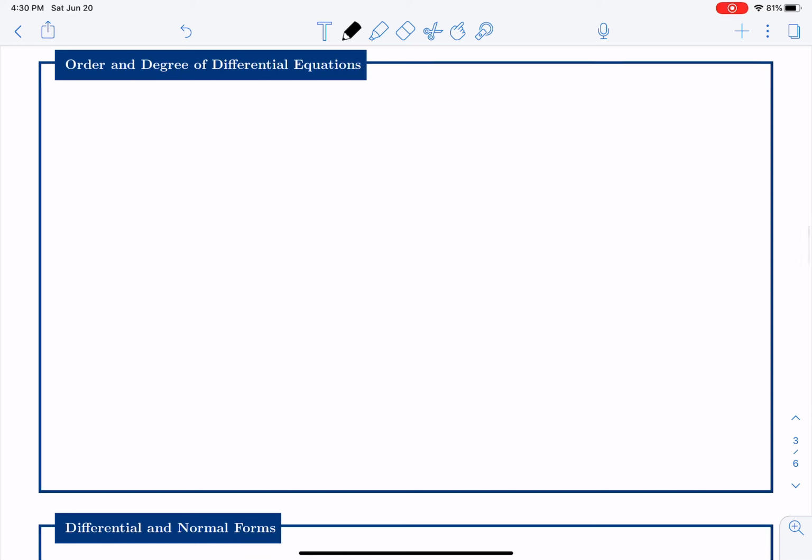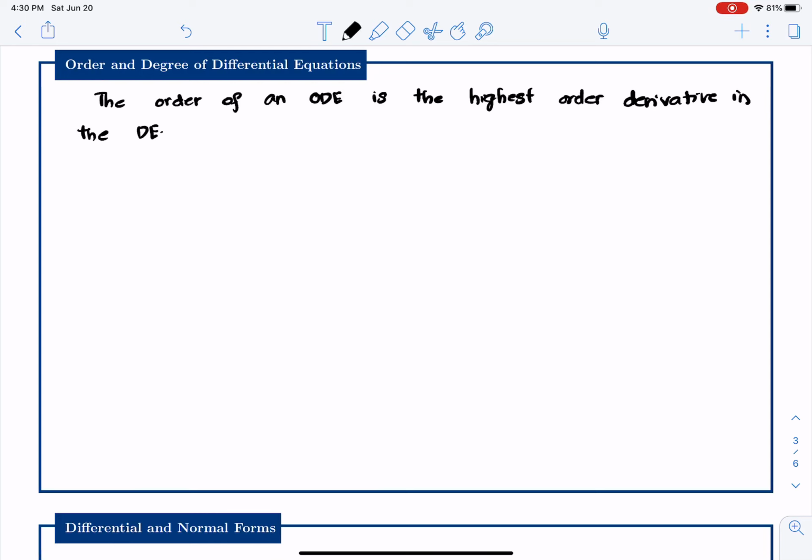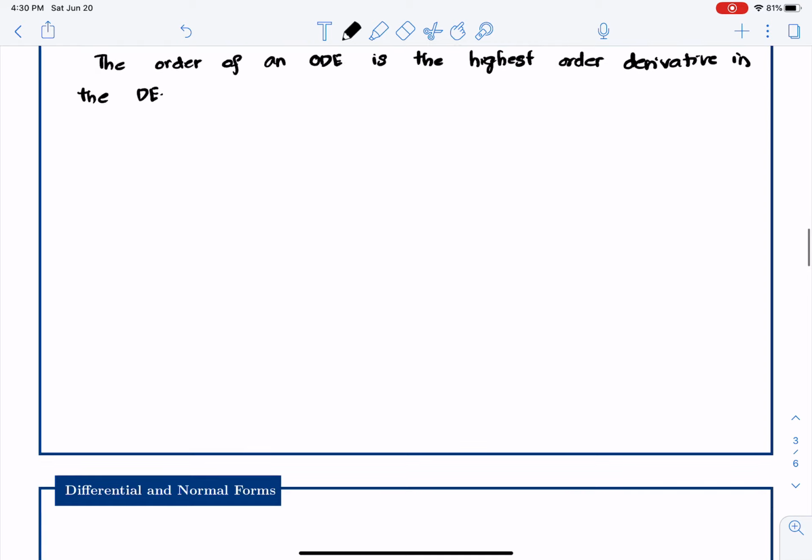Now we move on to the order and degree of a differential equation. So the order of an ODE is the highest order derivative in the equation.